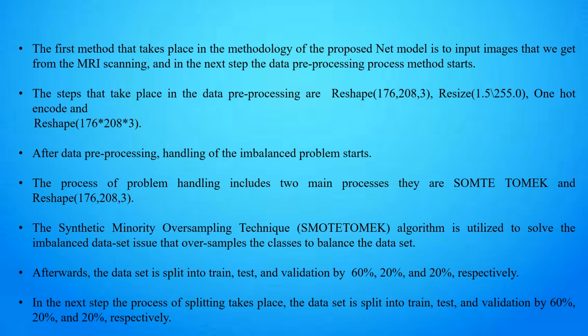Afterwards, the dataset is split into train, test, and validation in percentages of 60%, 20%, and 20% respectively. In the next step, the splitting takes place: the dataset is split into train, test, and validation by 60, 20, and 20 respectively.